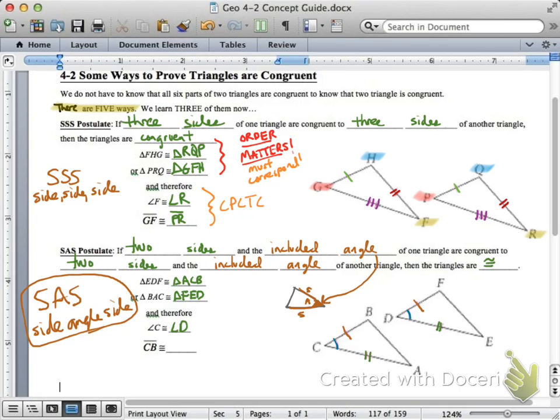So angle C, of course, is congruent with angle D, but we can also say that any of these parts over here, angle A is now congruent with angle E, FE is congruent with BA, etc. Now that we've established the triangles are congruent, everything is congruent. All right, so that's side, side, side, and side angle side. Oh, and do remember, the reason for this is for the CPCTC, the corresponding parts of congruent triangles are congruent.